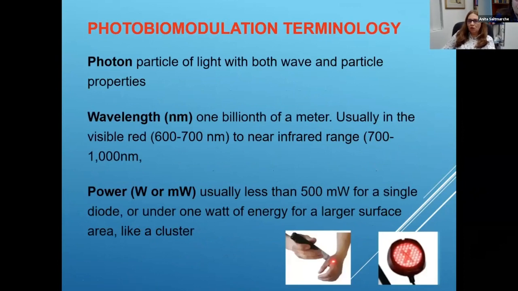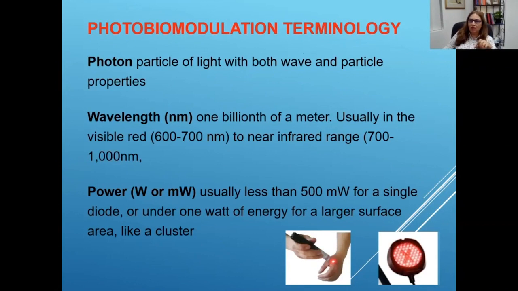A bit of terminology before we start, and you've heard these terms throughout the three presentations prior to mine. A photon is a particle of light and has both wave as well as particle properties. A wavelength, and we've talked a lot about that, is 1/1000th of a meter, and we will focus on visible red and infrared wavelengths. And power, we can talk about that in watts or milliwatts.